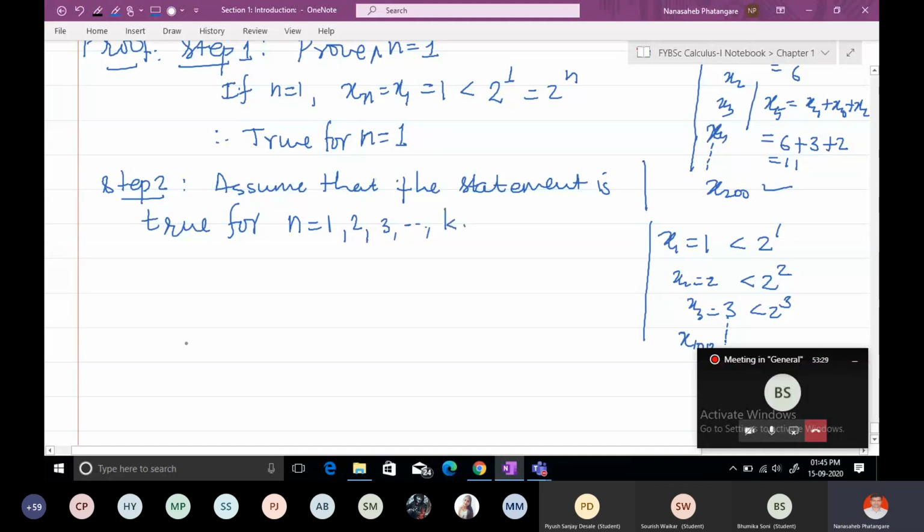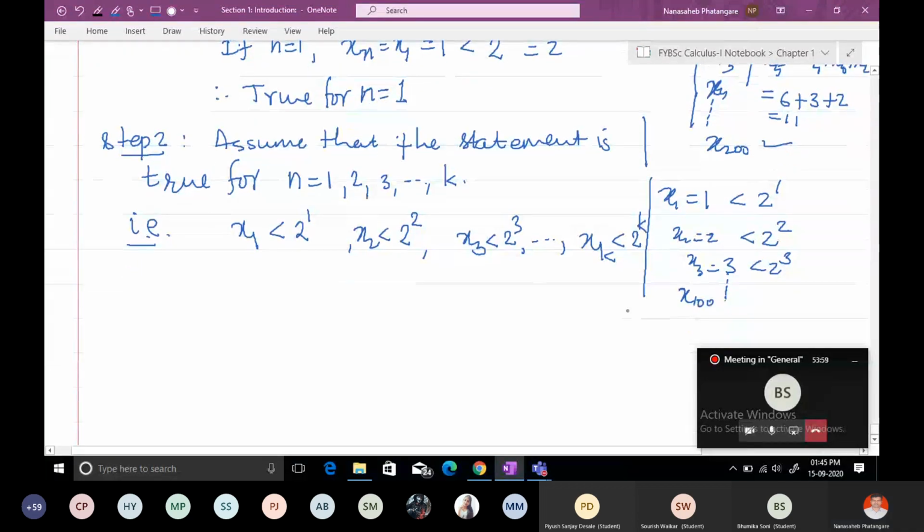Am I right? So I should assume that our statement is true from 1 to k. What does it mean? x1 is less than 2 raised to 1, x2 is less than 2 raised to 2, x3 is less than 2 raised to 3, and so on. xk is less than 2 raised to k. This is my assumption, because I am assuming that the statement is true from 1 to k.